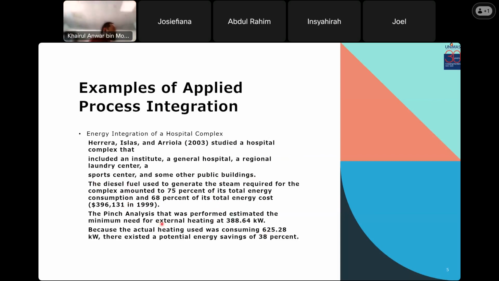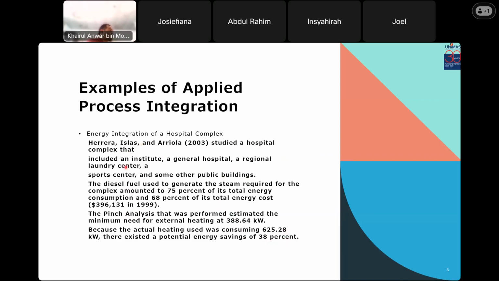The pinch analysis that was performed estimated the minimum need for external heating, while the actual heating use was 125 kilowatt. There existed a potential energy saving of 50%.